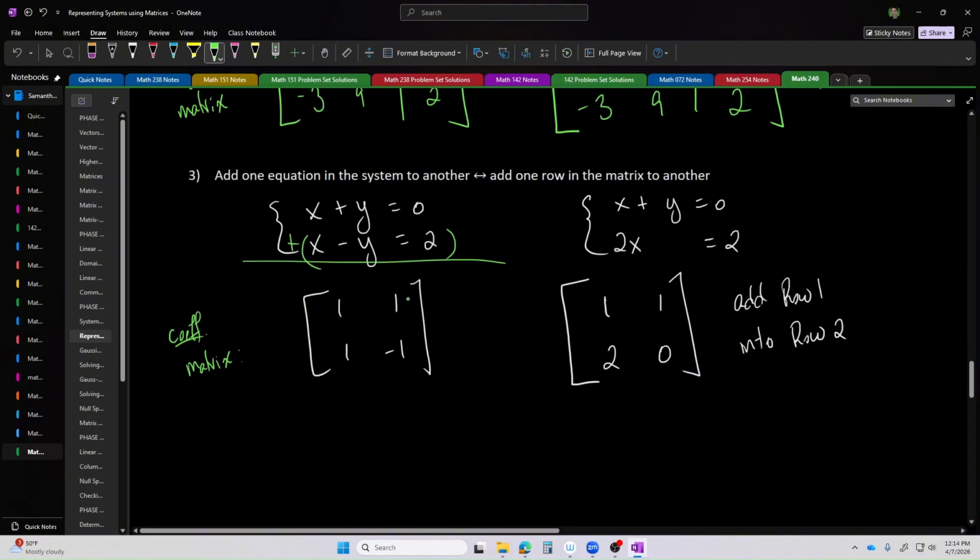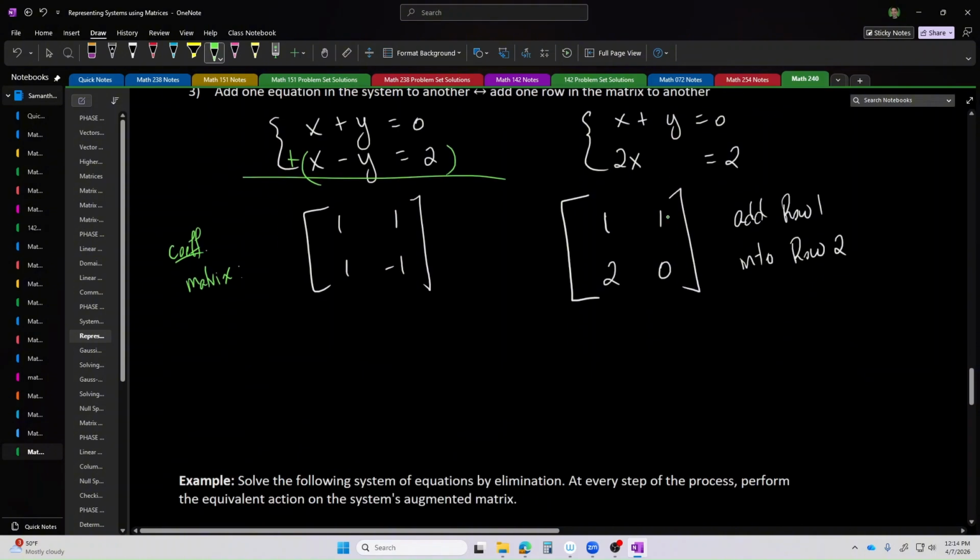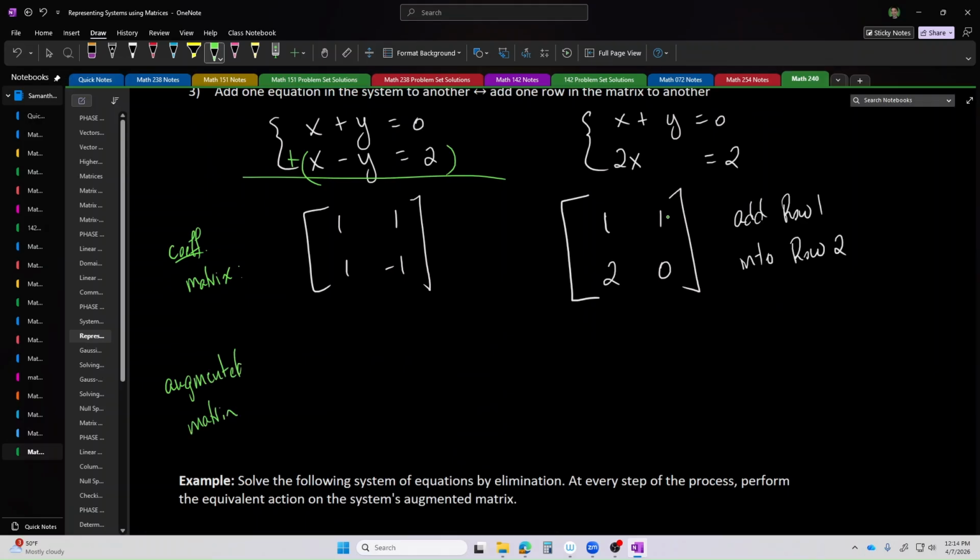Similarly, the corresponding effect of this addition on the augmented matrix: the original augmented matrix would be 1, 1 bar 0 and 1, negative 1 bar 2.